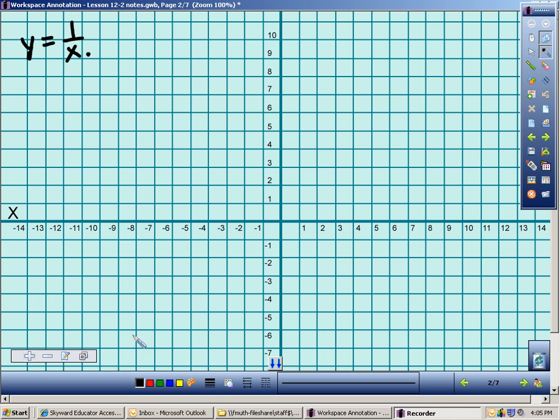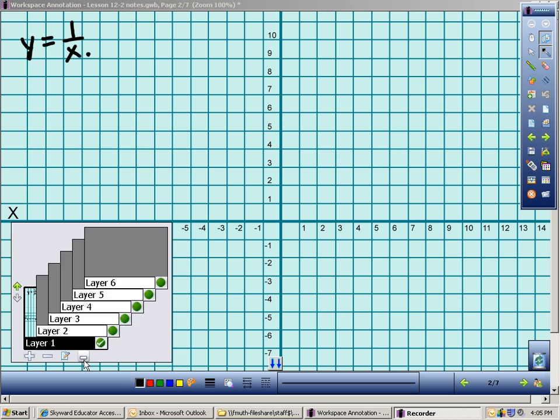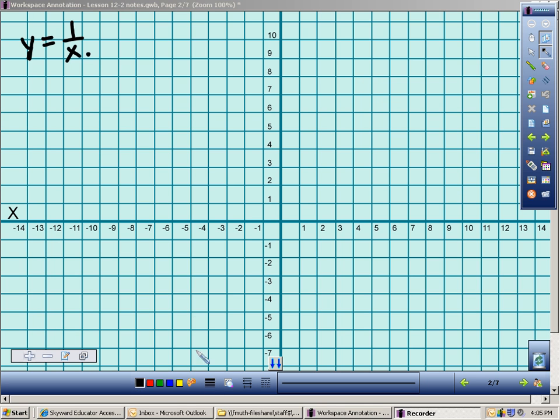Okay, so first of all, a couple reminders. Here's the parent function. I wanted just to add this into this diagram real quick. You'll notice that we are adding nothing here, and we're adding nothing here. So I have a vertical and horizontal asymptote. My vertical asymptote I can find here. It's at 0. And my horizontal asymptote is here. It's at 0.